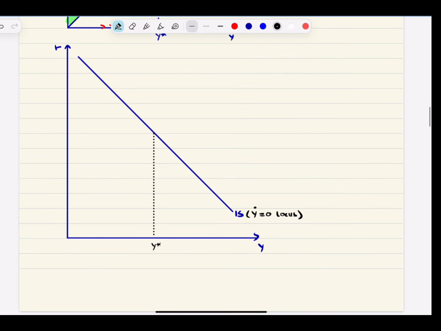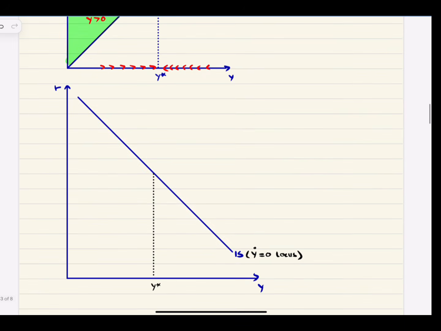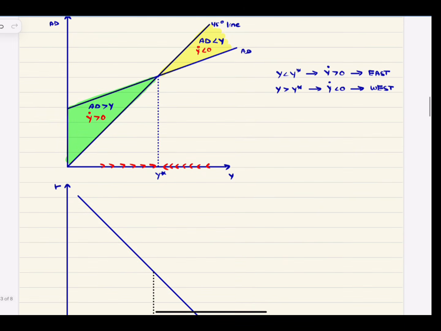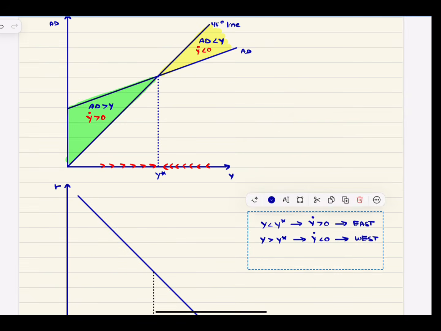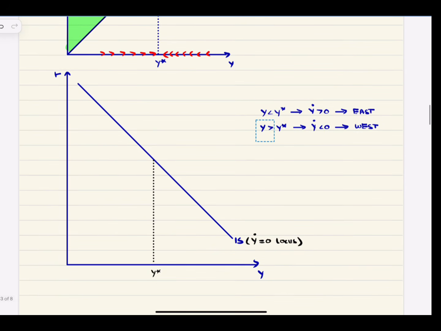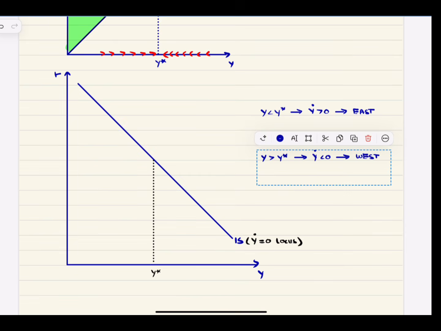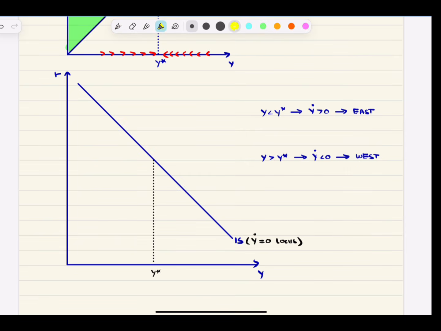Suppose I'm just looking at this. So remember, at this exact point, whenever output is greater, this part right here, I'll just shade it so that nobody gets confused. I'm talking about this part.